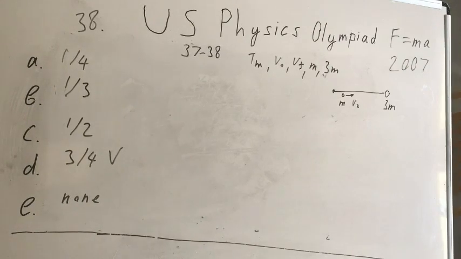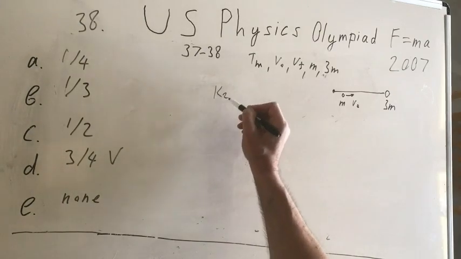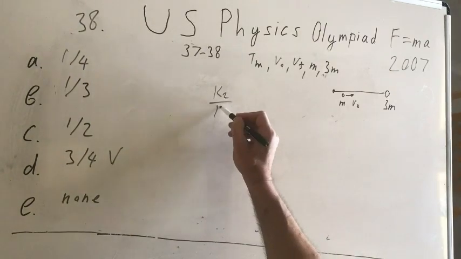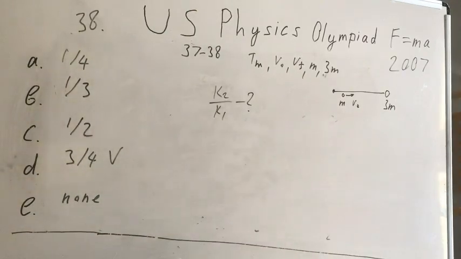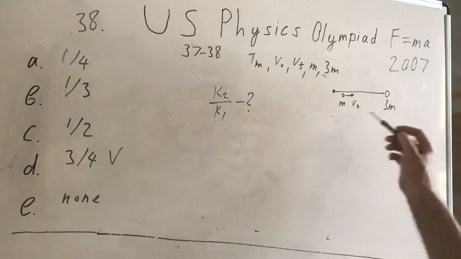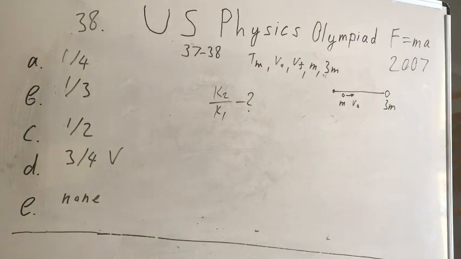Problem number 38. Find the ratio of the total kinetic energy of the system of two masses after the perfectly elastic collision and the cord has broken to the initial kinetic energy of the smallest mass prior to the collision. So we need to find K2, the final kinetic energy, to the initial kinetic energy. From the first problem we already found how much energy we lose for a cord break, this potential energy.